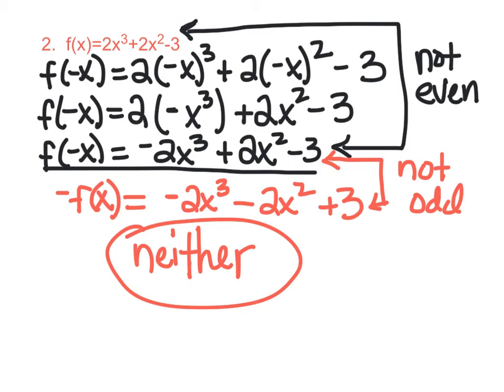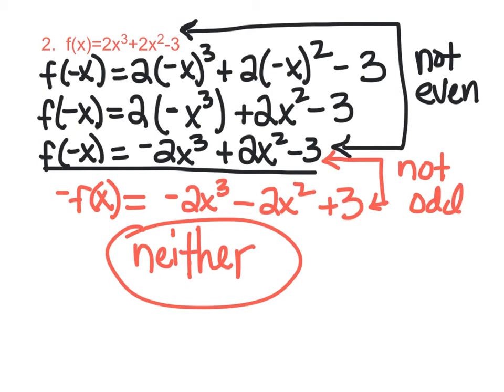Now, I should backtrack for a moment. With number 1 and also with this one, number 2, you can go into your y equals. And really what you should do first is go into your y equals, plug the equation into your y equals, get yourself a graph, and look at it and say, well, is it symmetric with respect to the y-axis? If it is, just test for the even rule.